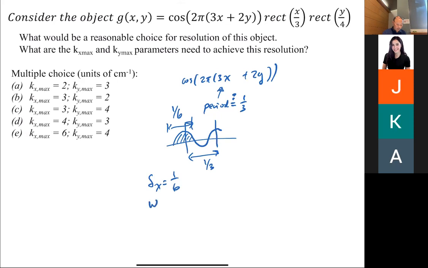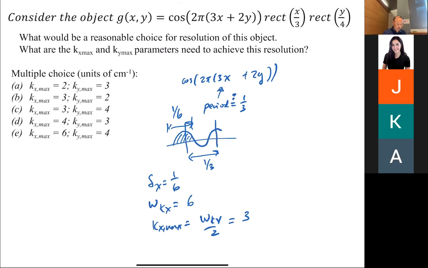And the design rule says pick W_kx equals 6, right? But remember, kx max equals W_kx over 2, which equals 3. So we know it's either B or C, right? Okay.